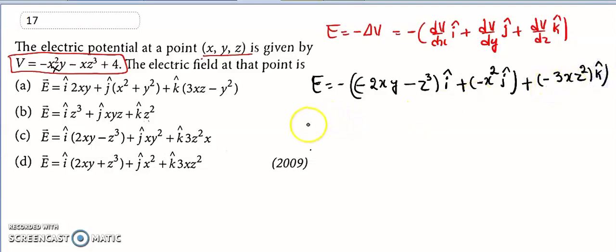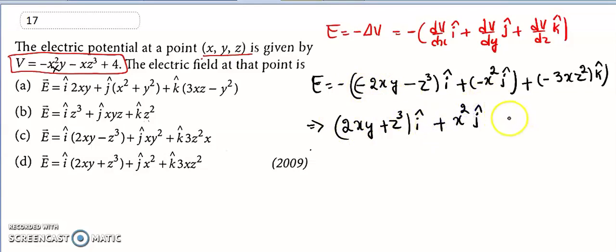So what is the answer for this question? Minus into minus is plus, 2xy, so 2xy plus z cube I cap, then minus into minus plus x square j cap plus 3x z square k cap.